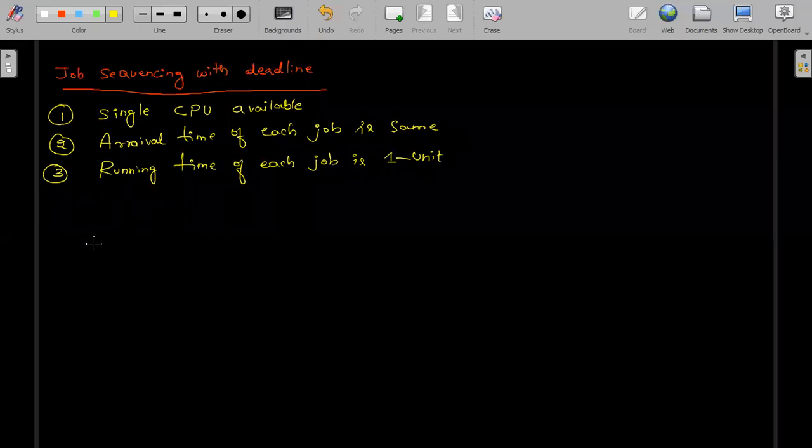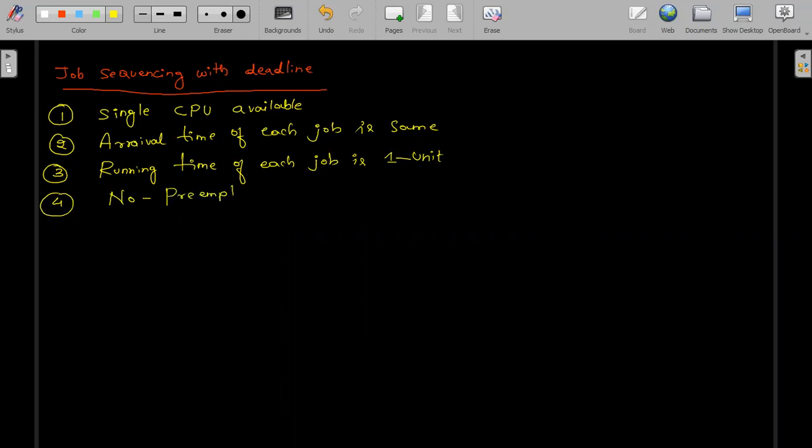Okay? Again, the fourth one, no preemption. You know, right? What do you mean by preemption? Stopping. So no preemption means it will run continuously.